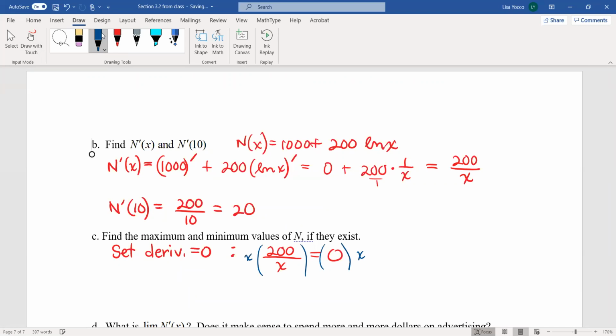So if I set that equal to 0, I would multiply both sides by x to get rid of the fraction. That gives me 200. And on the right, 0 times x is still 0. Well, 200 equals 0 is just a false statement. And when that happens, that tells me that the equation I was trying to solve has no solution.